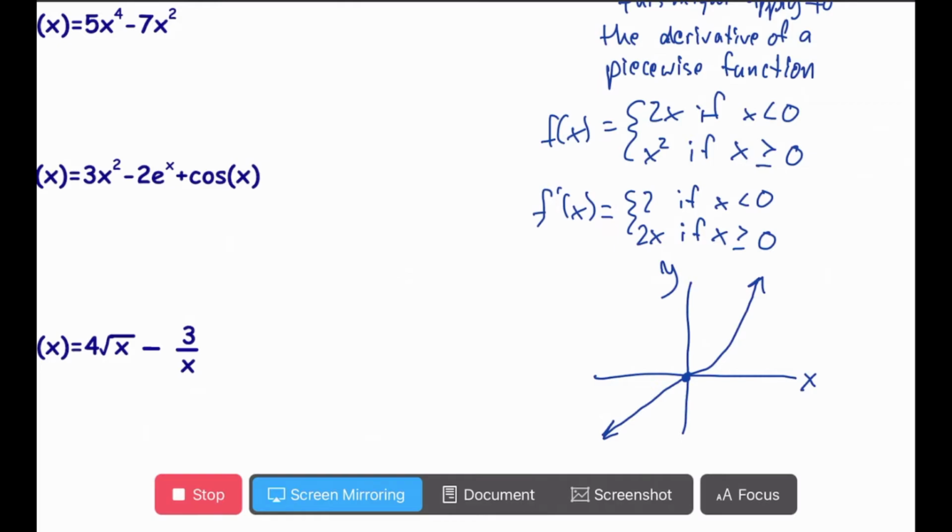If x is less than 0, it has a value of 2. And after that, it has a value of 2x. So that's kind of cool. And so we can see right away that our linear function had a constant derivative, and our quadratic function had a linear derivative. And we should label that. This is our f prime of x. And this was our f of x.